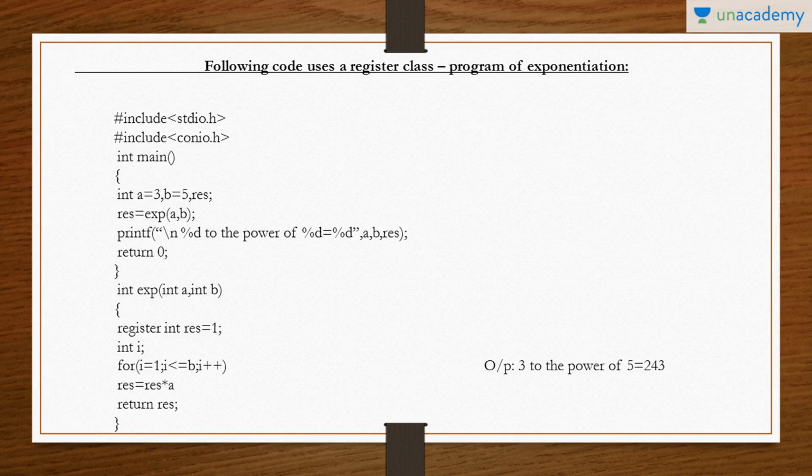So this is the following program that uses a register storage class. This is the program which finds the exponential. If you want to find the exponential of, suppose, 2 to the power 4, it will give you an answer.